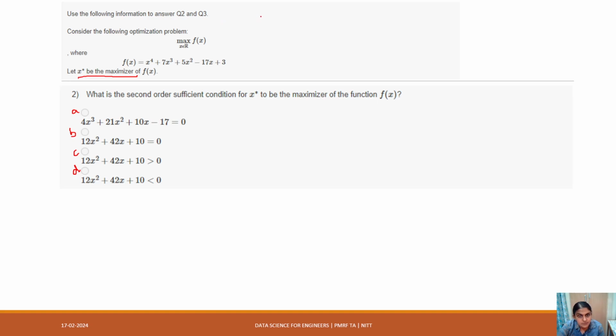First is the second order sufficient condition, so we have to go up to f double dash. So f dash of x will be 4x cube plus 21x square plus 10x minus 17. Solving f dash of x equal to 0 will give you the values of x: 0.662, minus 4.48 and minus 1.43.